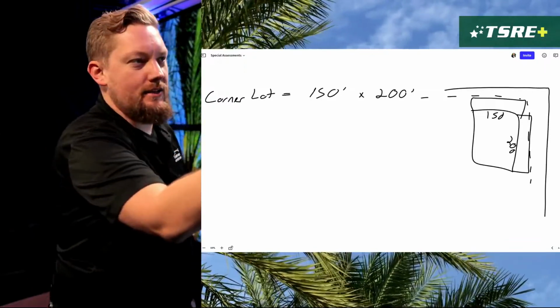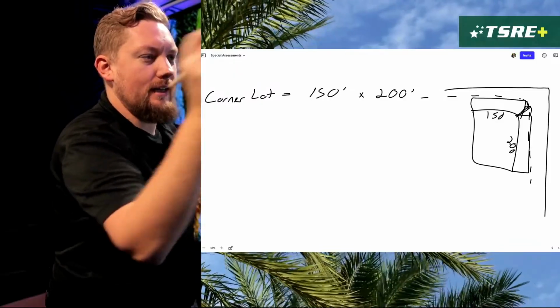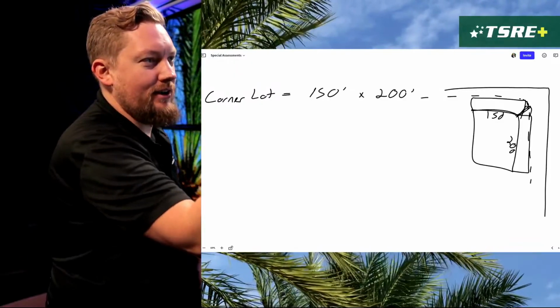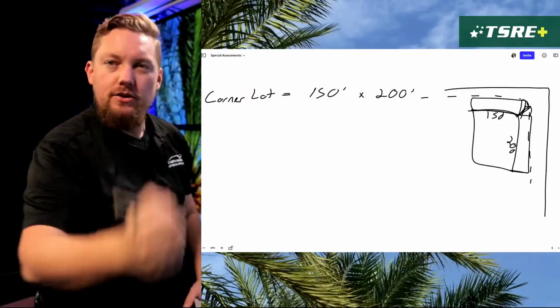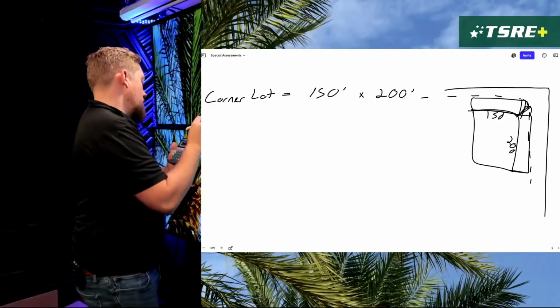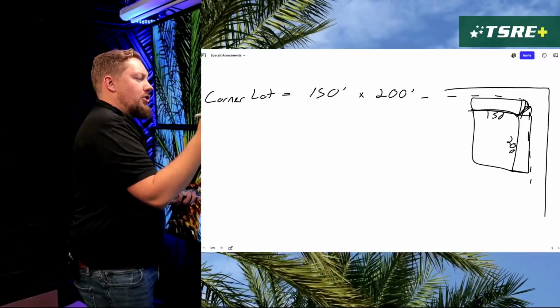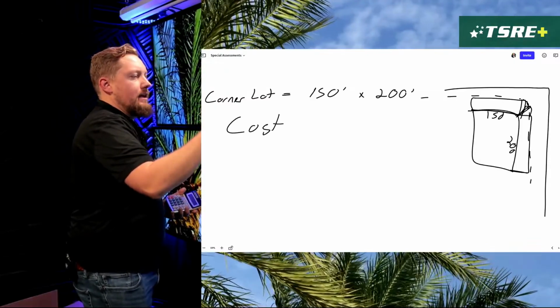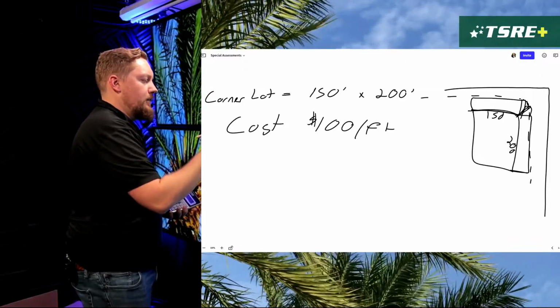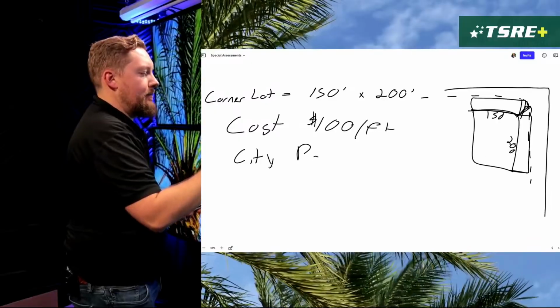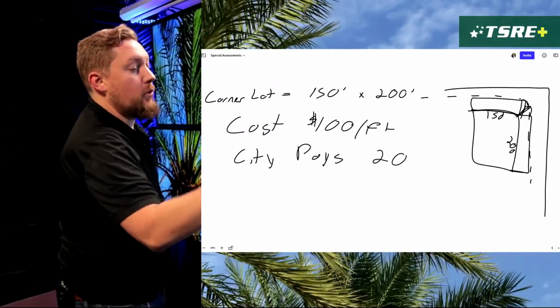Don't get too crazy into the geometrics. It's kind of more like that, more or less. But all we need is the frontage right here, because it's based on the frontage. 150 feet of frontage there, 200 feet of frontage there. And let's say that the contractor's cost is, we'll just go with $100 a foot. And we'll say that the city pays 20%.